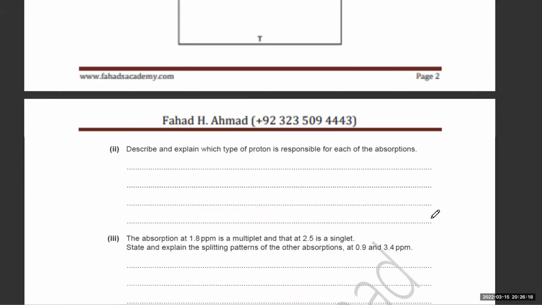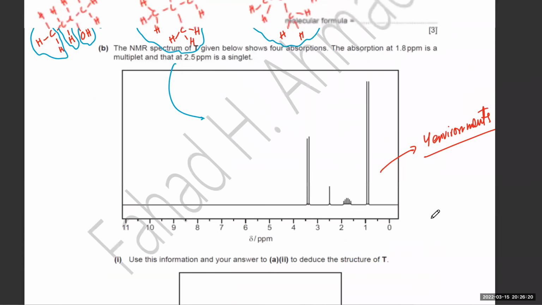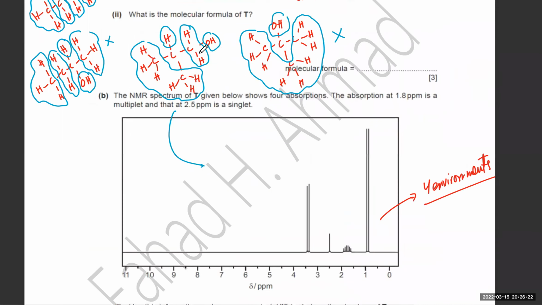It's a big question. It's a 9-mark question. So basically, we figured out which one is the correct one, but we got to explain this as well. So they're going to ask us, what is this peak? What is this peak? So I'm going to open the data booklet now, and I'm going to match these peaks now. So how do I match this?